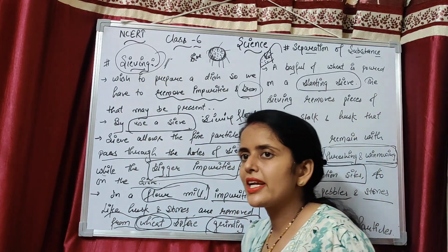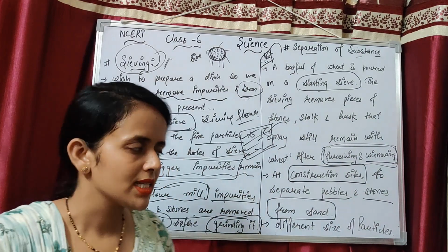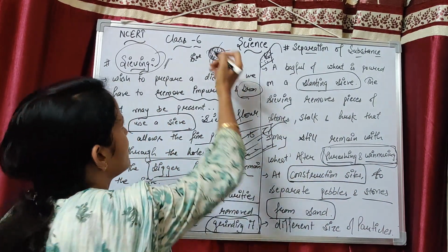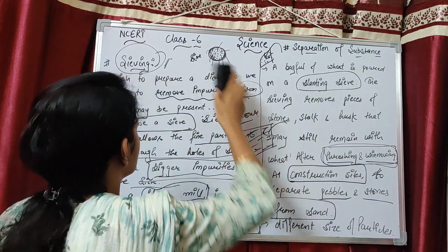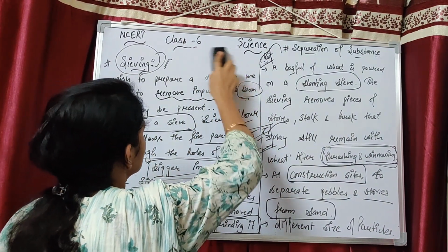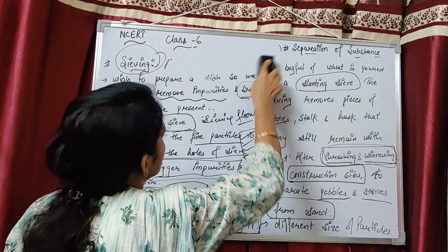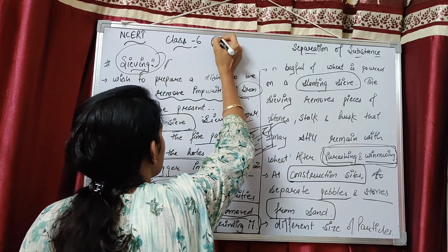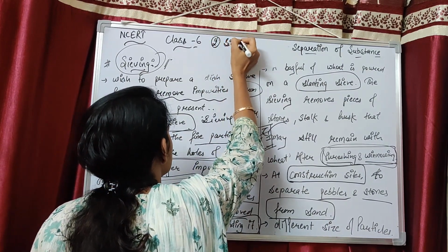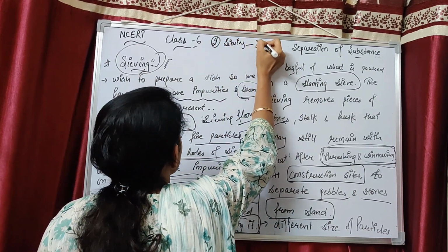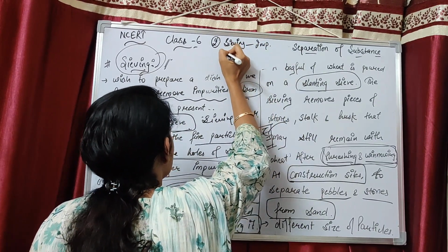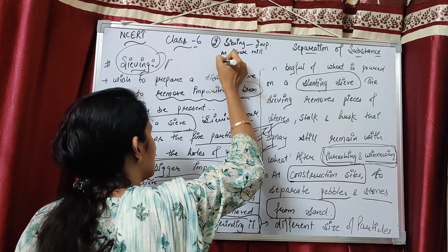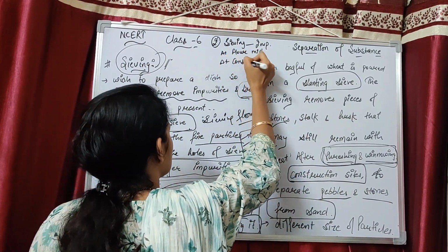Clear? Firstly in the wheat and flour mills, and secondly at construction sites. Only two. Wait, I am making some space here. So congested. So yes, two places where we use sieving. First at the flour mill, and second at construction sites.